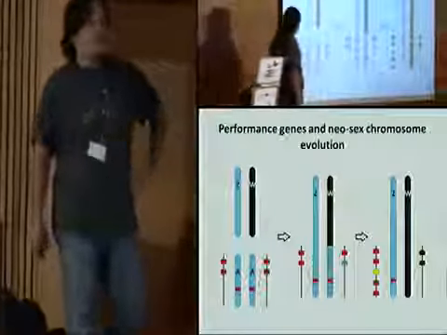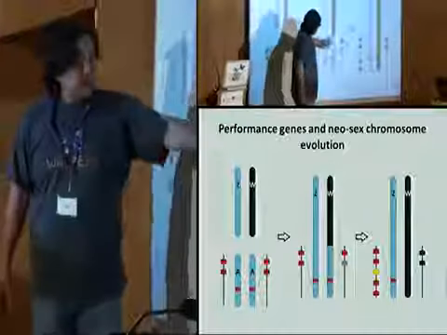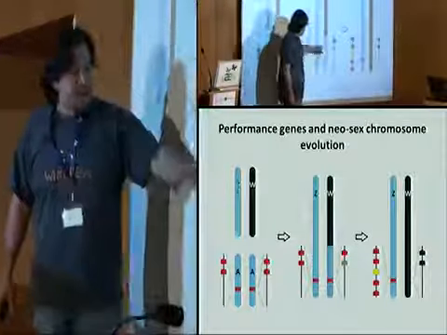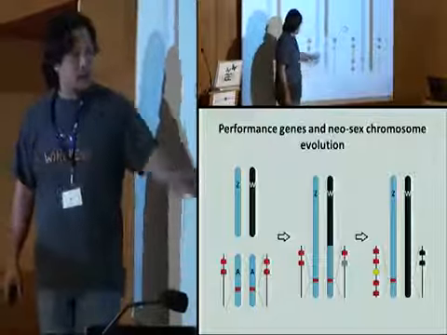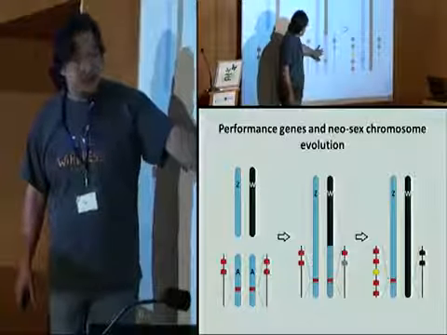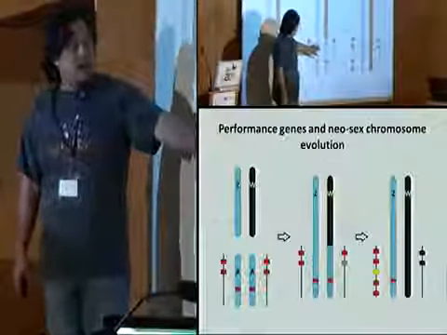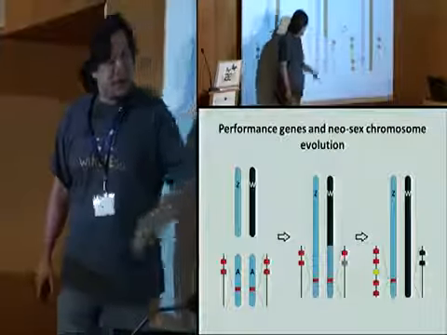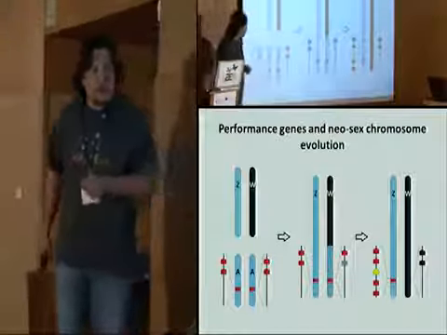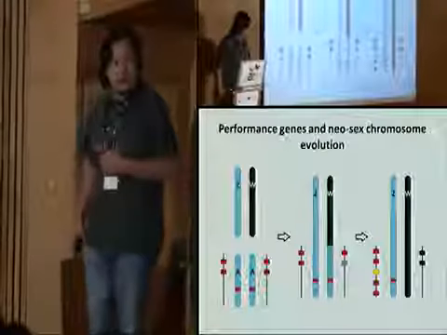following the fusion, this now maternally inherited former autosomal part bearing performance genes starts to accumulate mutations, and these maternally inherited alleles ultimately degenerate into pseudogenes.